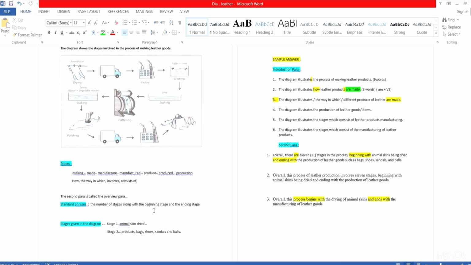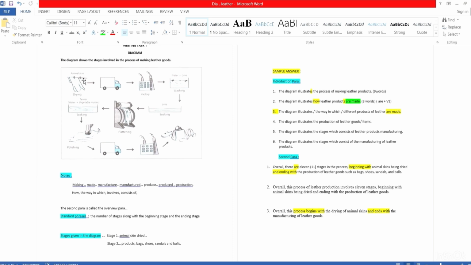In order to explain the beginning stage and the ending stage, we have a glance at the diagram here. And we see the first stage is about the animal skin which is being dried. And when we move to the last arrow here, it is the final stage where the leather is turned into different products. That is what we write.